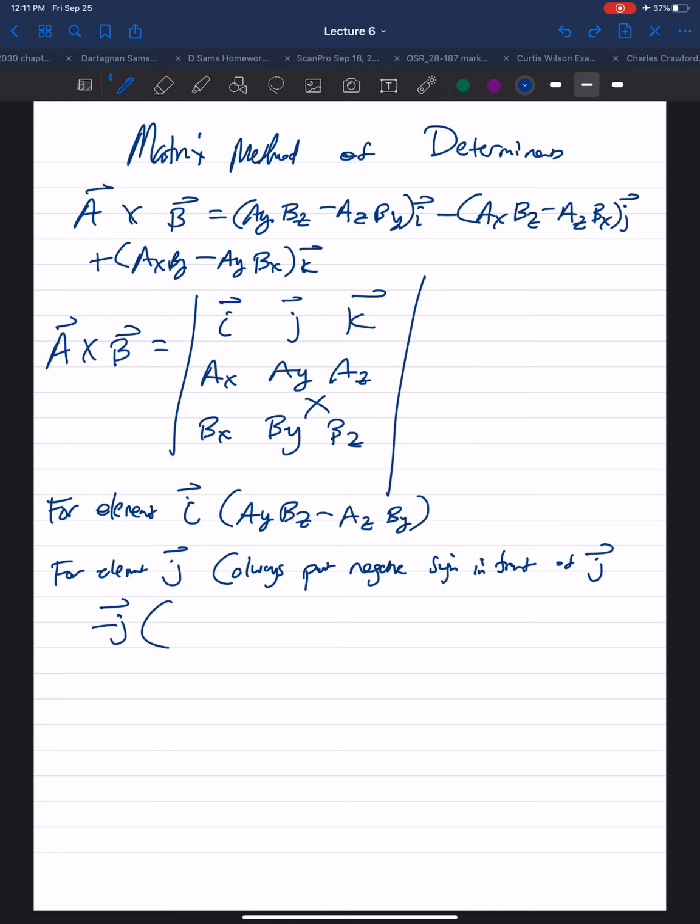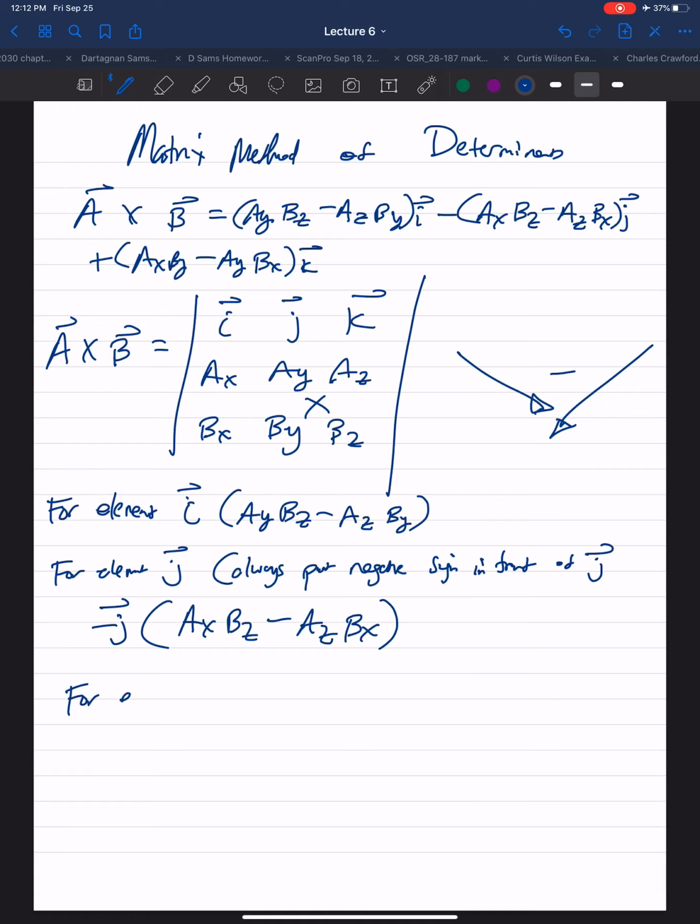So that'll be AX BZ. You always go this way first, then subtract the opposite way. So it'll be AX times BZ minus AZ times BX.